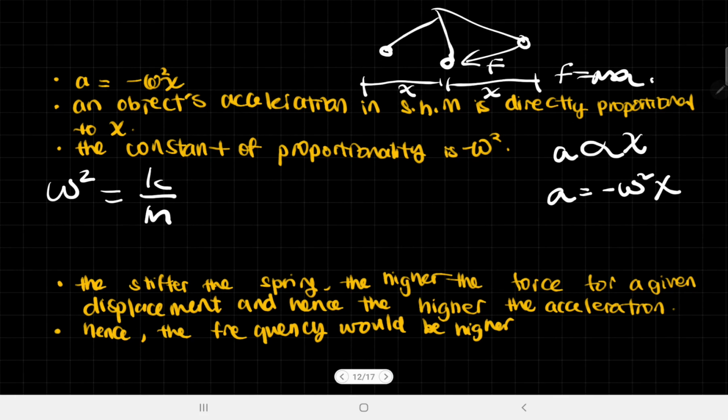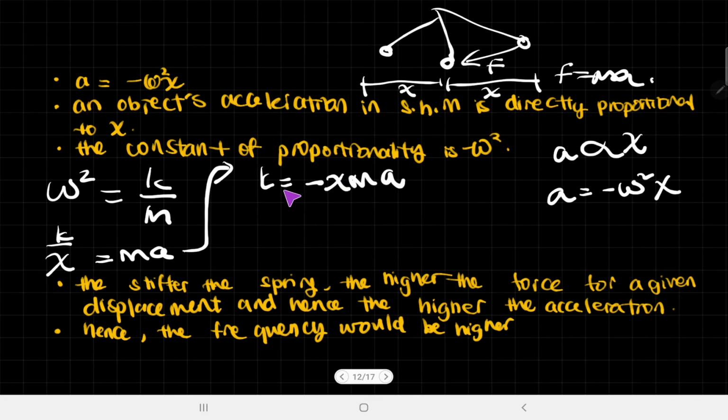So we know that k times x is ma, right? Because this is the force. This is also going to give us the force. And k is going to be minus ma divided by x. Remember that it was k is minus f divided by x for that specific equation. So we can substitute this into this.